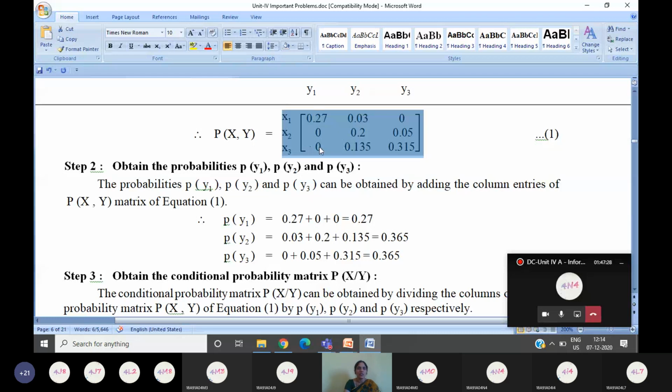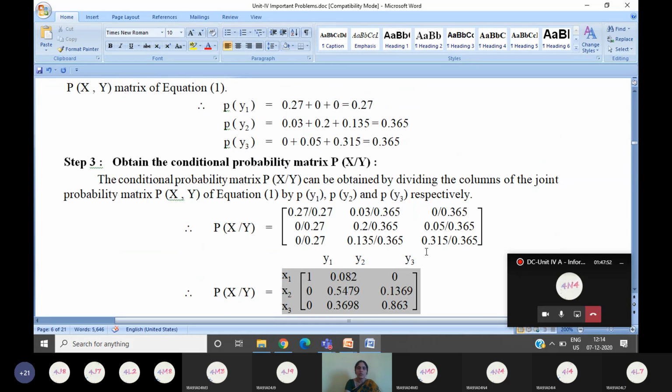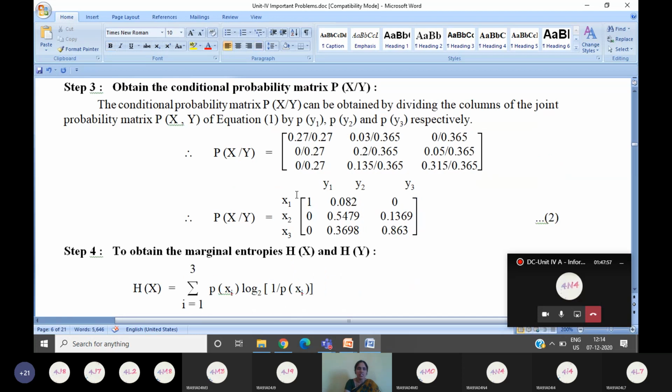So what will the first column be? 0.27 by 0.27 is 1, and we get 100 percent. Next, the second column is divided with P of y2, and the third column is divided with P of y3, that is 0.365. The second and third columns both should be divided with 0.365, because P of y2 is equal to P of y3 is equal to 0.365. You can observe the same here.